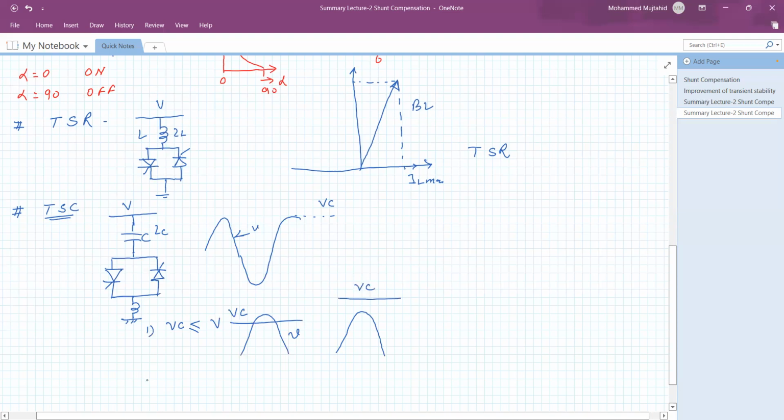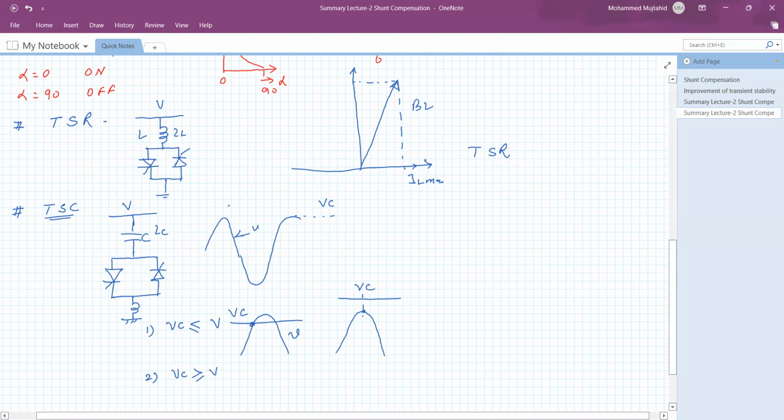This is the first condition, and this is the second condition, when VC is greater than or equal to V. So what would be the correct position to switch on the capacitor? For the first condition, this is the right position to switch the capacitor. Under such a condition, it will give transient-free switching, and here it will be the right position to give switching-free operation.